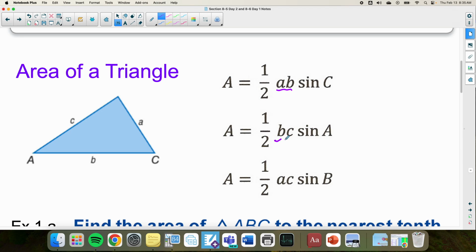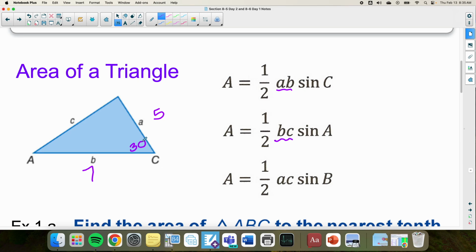So it's two sides times the sine of the angle that's not one of the sides. How that looks on a diagram is, you might know this is 5, this is 7, and this is 30 degrees. So it's always a side angle side situation. Those are the ones that you use.